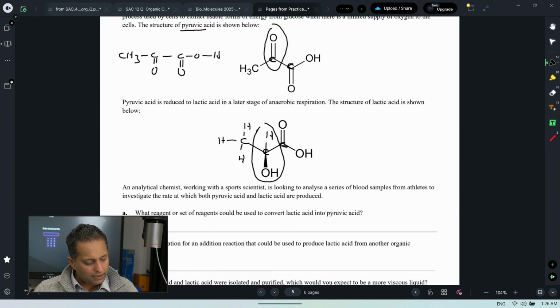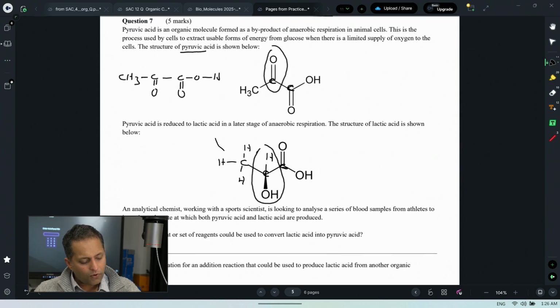So what is the question asking? What reagent or set of reagents could be used to convert lactic acid into pyruvic acid? Going back to lactic acid, look at that. This part is a secondary alcohol. Remember CH and OH, CHOH is a secondary alcohol.